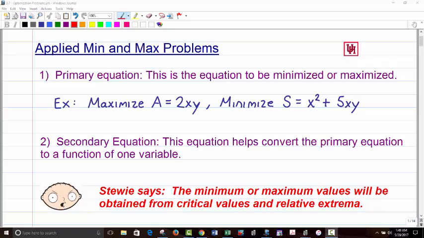Well, then you would turn that into x plus y equals 10. So we need that information because then you can go back and substitute y in terms of x, or x in terms of y, into this equation, and then you get it down to one variable, and that's when we can take the derivative. So the key will be reading the problem, getting this information, substituting, having it down to one variable, then taking the derivative.